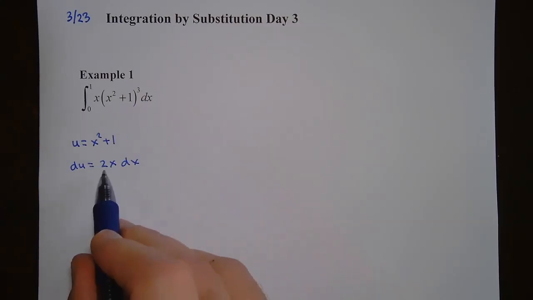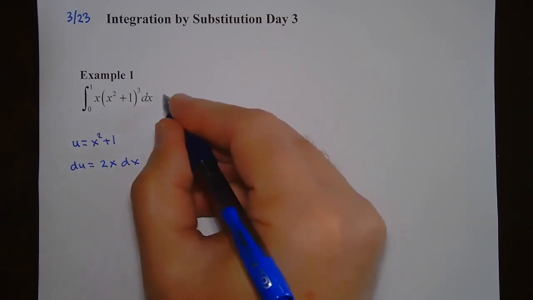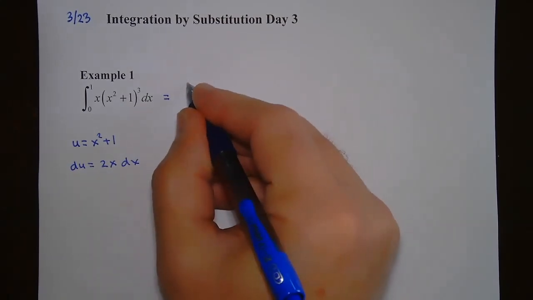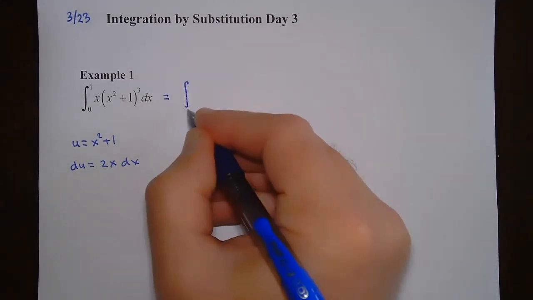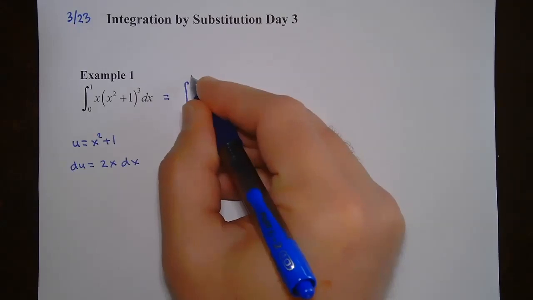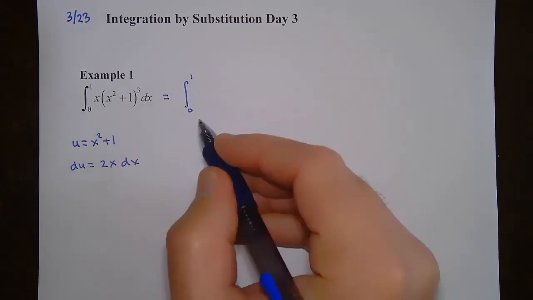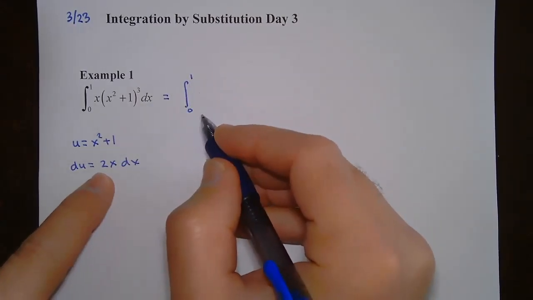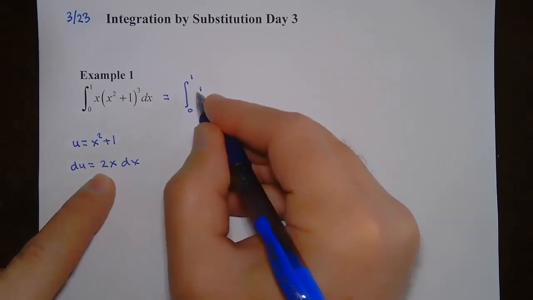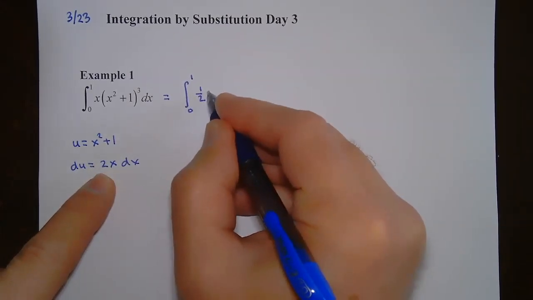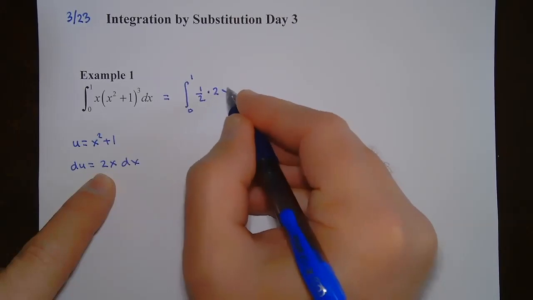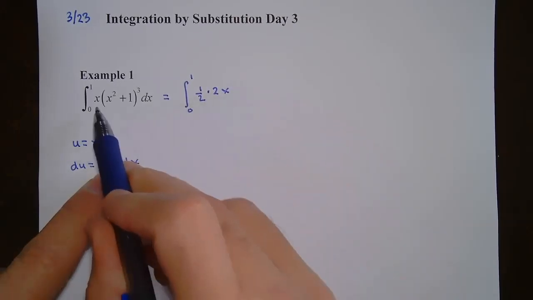So I need the 2, so I'm going to write this. This is going to be equal to the integral from 0 to 1, okay? And I'm going to multiply by 1/2 and also multiply by 2. So 1/2 times 2x, because really that's still this x right here.